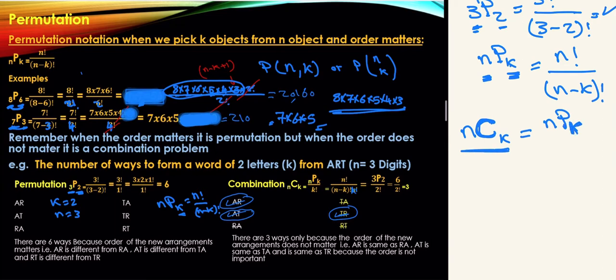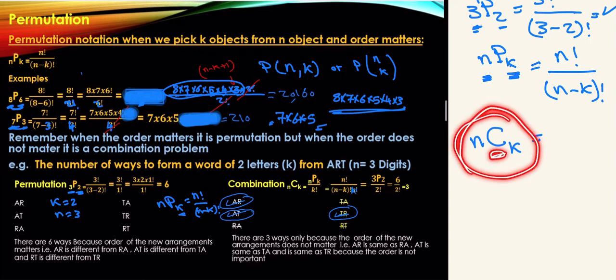nPk divided by the last one, k factorial. That's it. So again, nCk or nCr, depending on the version or notation you are using in your notes. nCk equals the same thing, we just change the C to P. So it will be nPk.